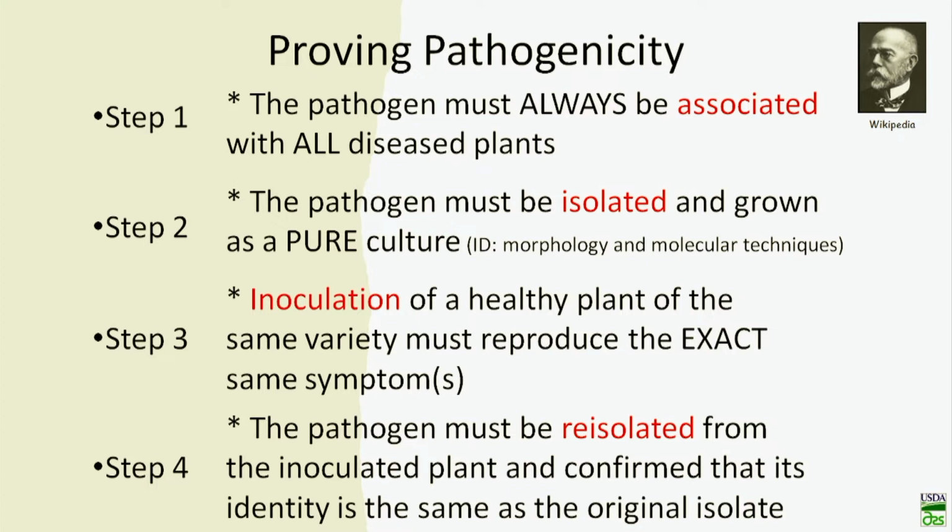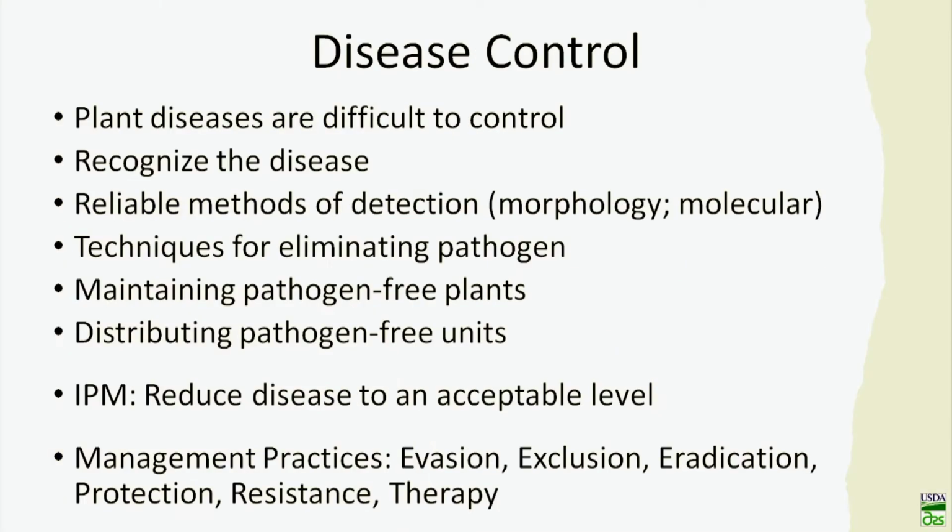You then isolate the pathogen, you grow it in pure culture, you identify it, you then inoculate the pathogen into a healthy plant, reproducing the exact same symptoms that you see in the field. The last step being you've now re-isolated the same pathogen you've put in, thereby proving pathogenicity or proving Koch's postulates.